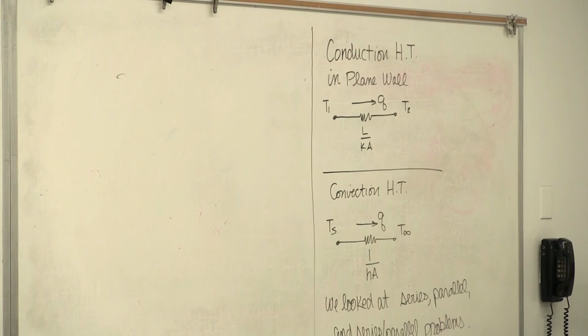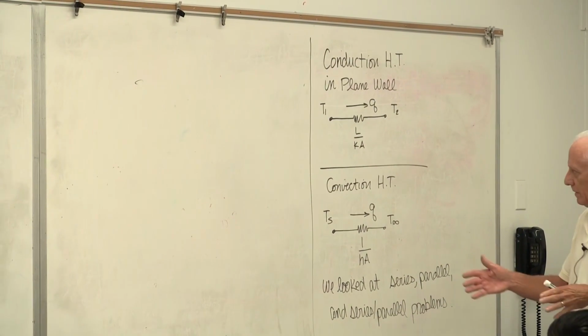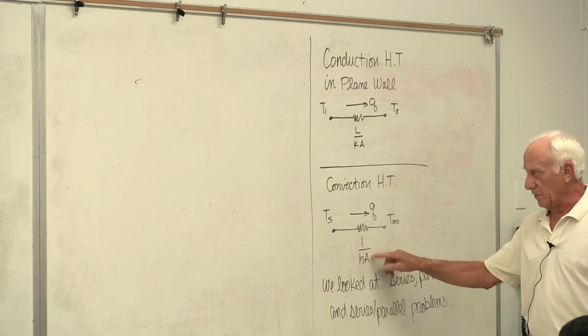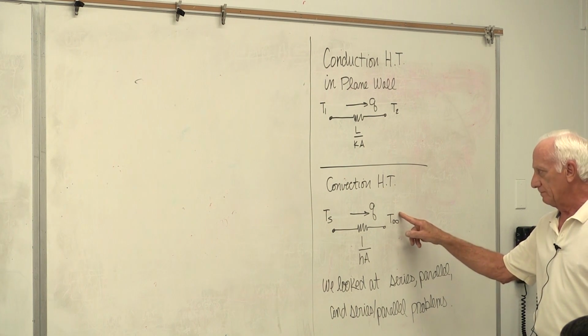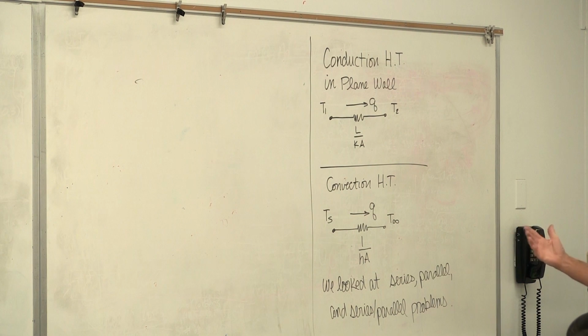If we have convection heat transfer on one of the surfaces of the wall, then we add this resistance, the convection resistance. 1 over hA, T surface, T infinity, free stream temperature, heat rate Q. And we combine those into series and parallel.